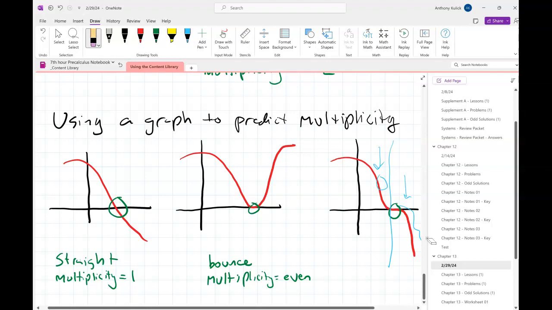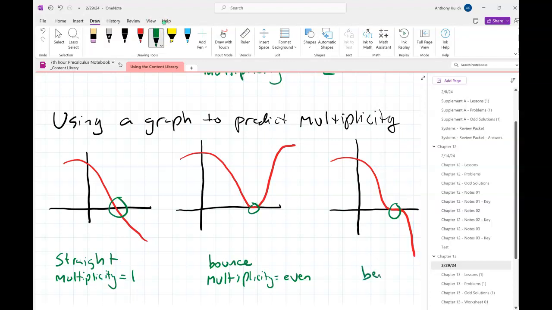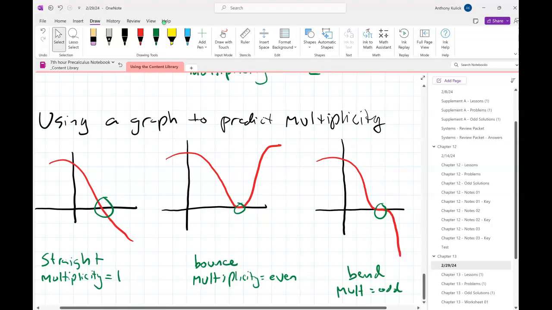So if the graph changes concavity at our x-intercept, we call that a bend. And that means the multiplicity is going to be an odd number greater than 1. So it could be used 3 times, 5 times, 7 times, etc. Does that feel okay there?